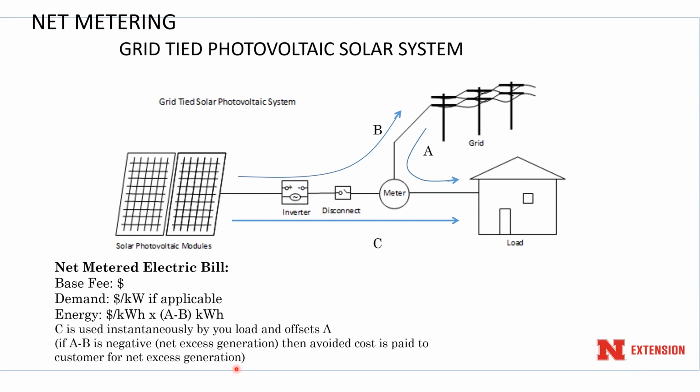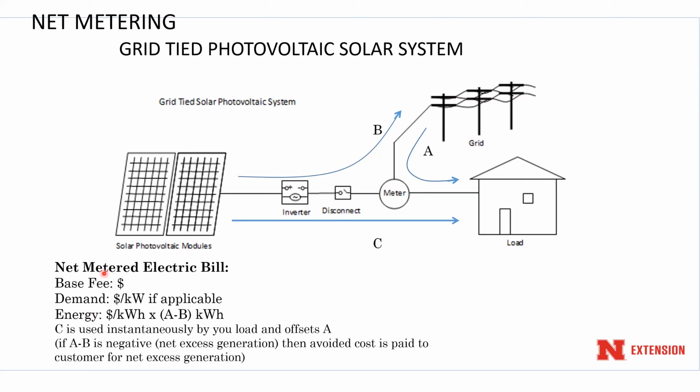All right, let's review the three of these. I touched on net metering a couple times on the last two slides, but I tend to designate these A, B, and C. Again, A, grid, B, excess generation, C, solar generated, used instantaneously.